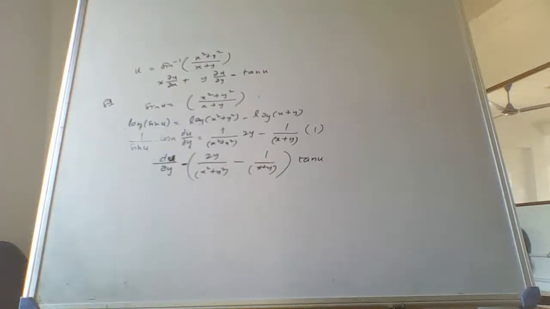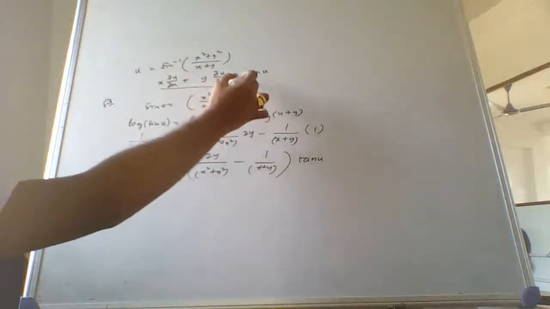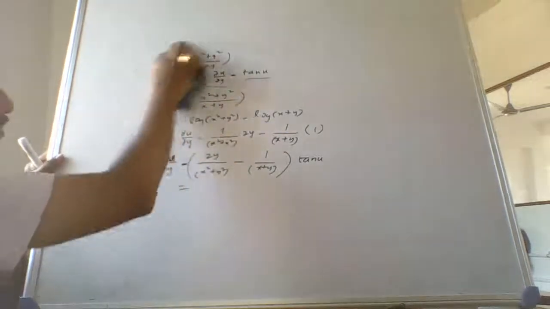Now if you compare those two results, and put that in, on the right hand side I get tan u, which is the final result. So hence we have proved that. Let me take one more example and try to explain this on partial differential equations.